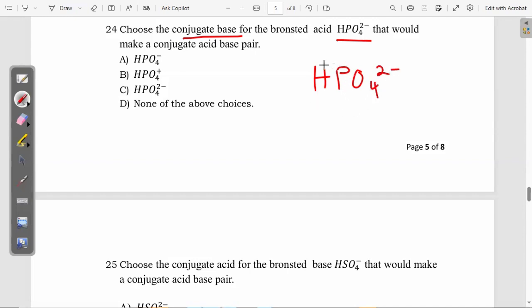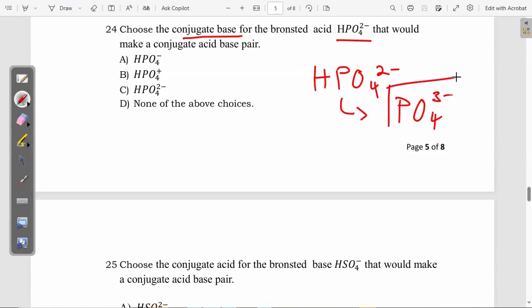If this guy loses one hydrogen, what is going to form? The hydrogen leaves with a positive charge. So if this was -2, when the hydrogen leaves, it will be PO4, and since one positive charge has gone, the charge will become -3.